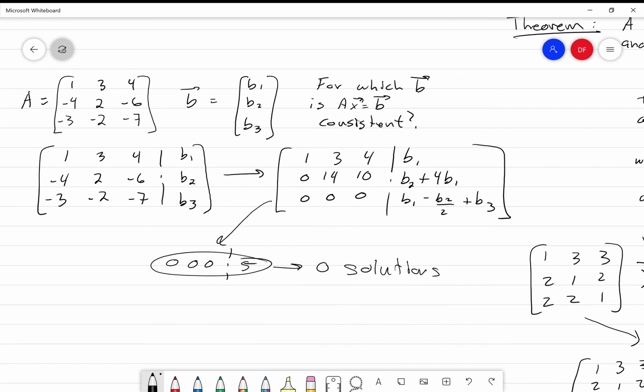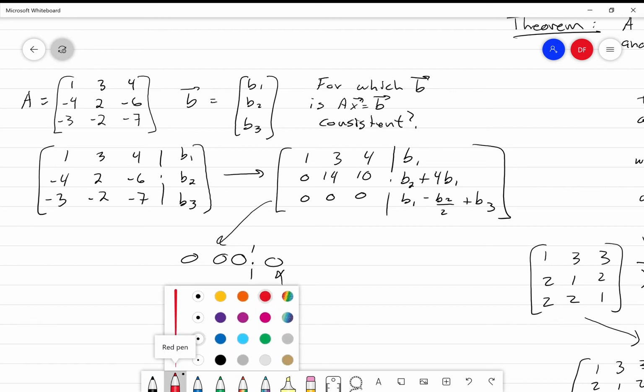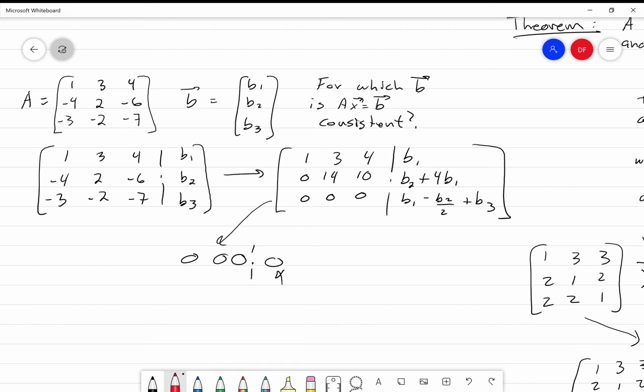Okay? So therefore, if I don't want 0 solutions, then I need to have 0, 0, 0, 0 on this side. Okay? So therefore, this here needs to equal 0.